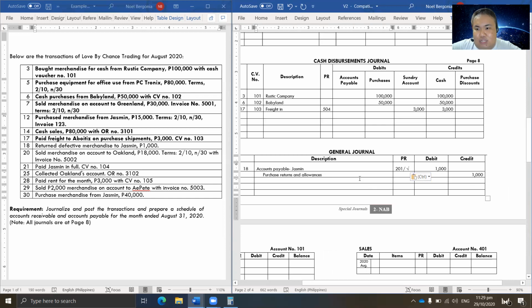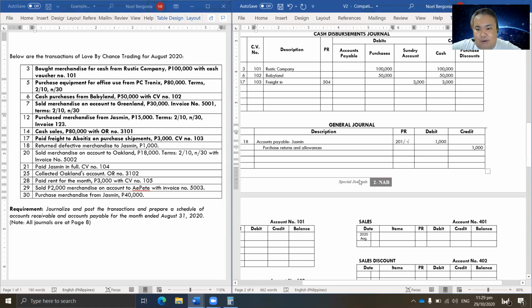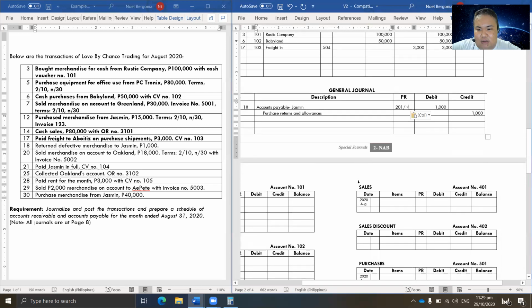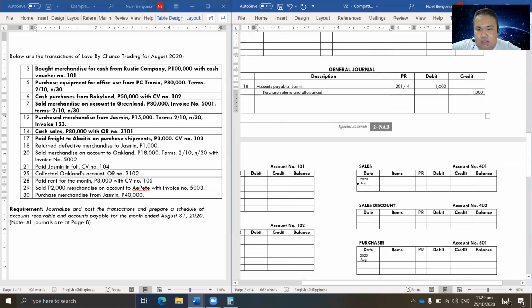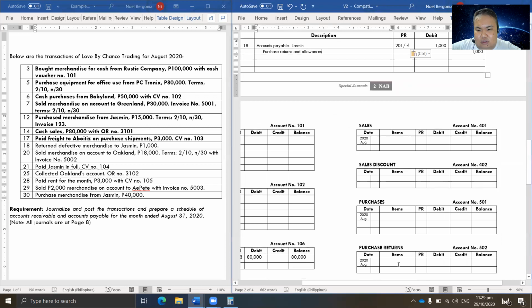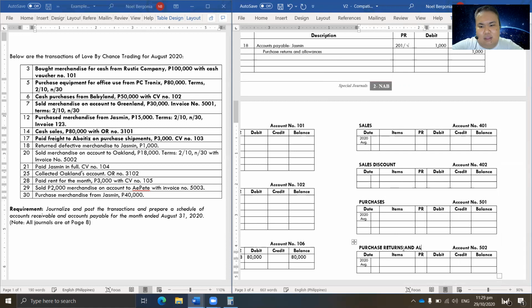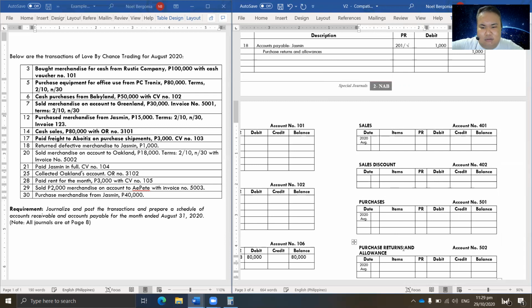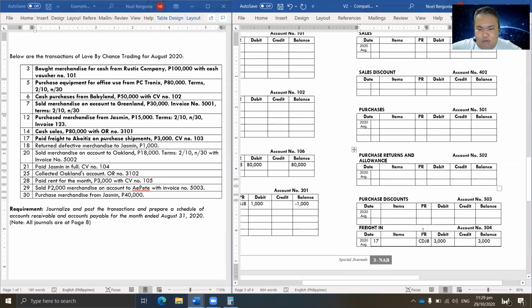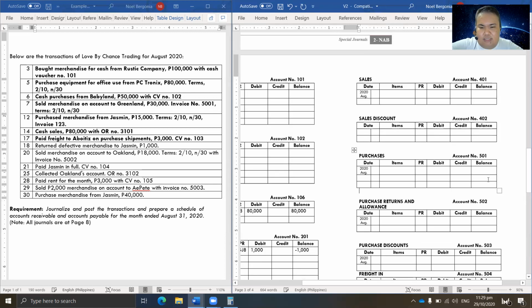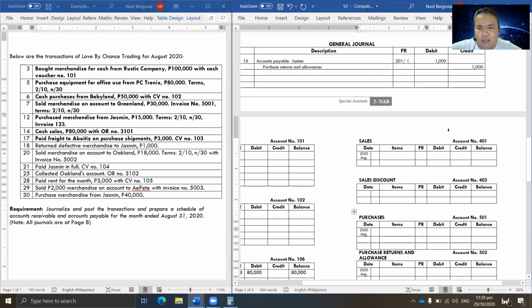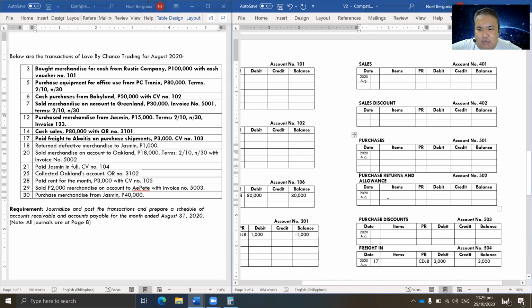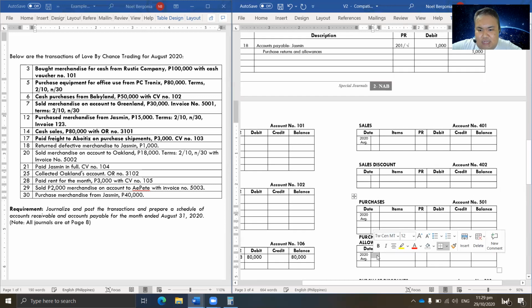Ayun, no? You need to record that as well on the purchase returns and allowances column, journal. Okay? Ledger. Ayan, purchase returns lang pala yung title. Sorry. So, ayan, dagdagan ko na lang, and allowances. Okay? Naku, gumalaw yung ating mga columns. Okay, anyways. So, i-post po natin. Okay, magkano yun? 1,000. So, that's on the 18th, diba?